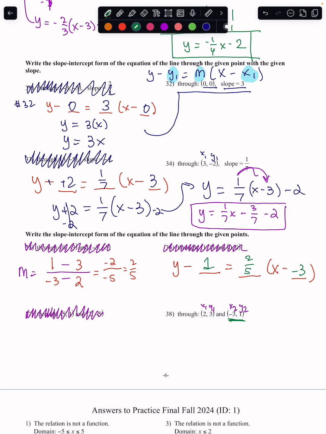It doesn't go in evenly, so I'm going to leave it at 6/5. That equals y minus 1. And then I'm going to add 1 to both sides. Y equals 2/5 x plus 6/5 plus 1.